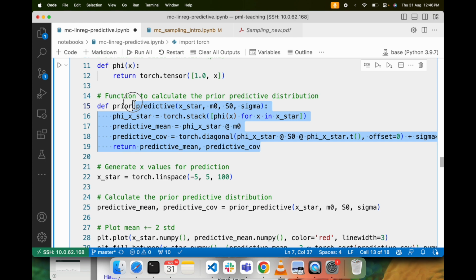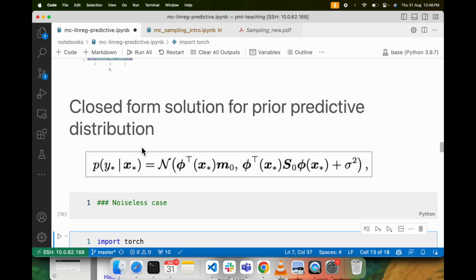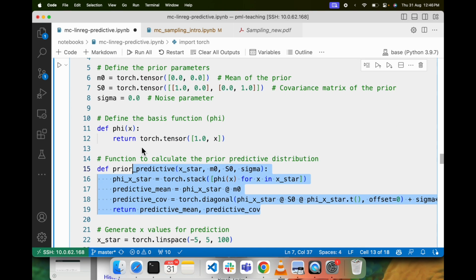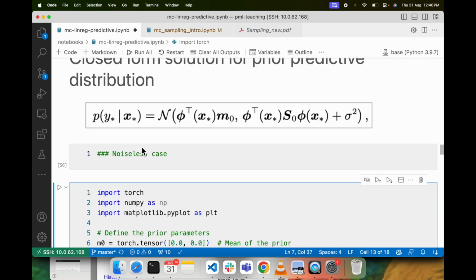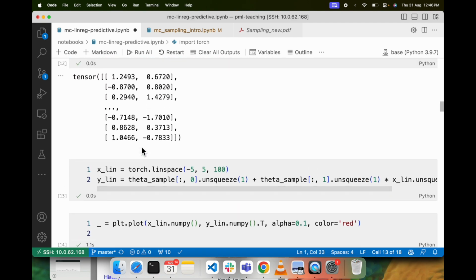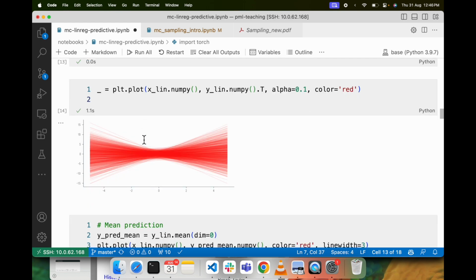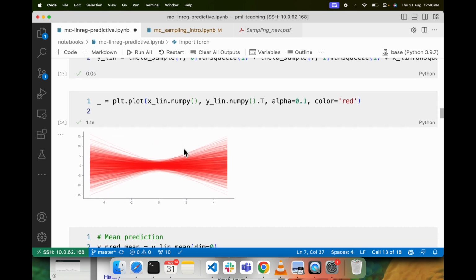The closed form required me to know the integrations, but in MC sampling, I didn't need to know any integrations. I just sampled from the prior, put that into my likelihood, obtained different y's, and plotted x versus y.